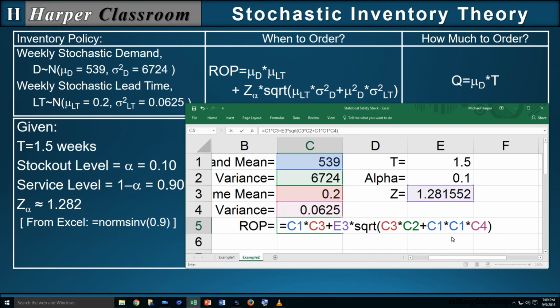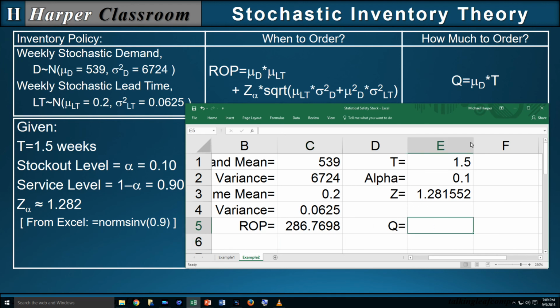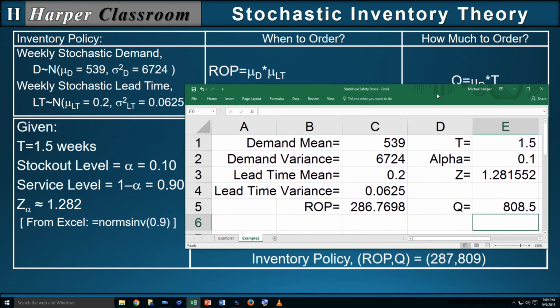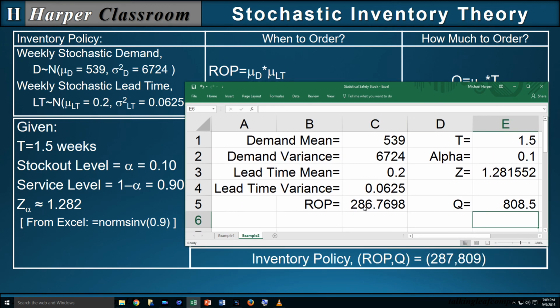And so there's the equation. The lot size is given by the equation up here, which is equal to the mean times the inventory period. And so we can raise this up and we can see that the ROP is 286.7 rounded to 287, 808.5 rounded to 809, and that's how you solve this in Excel.